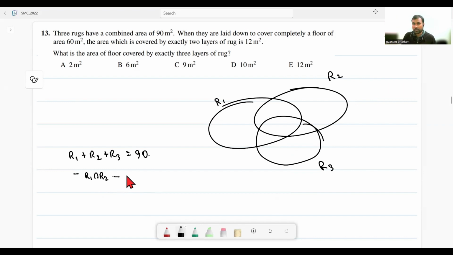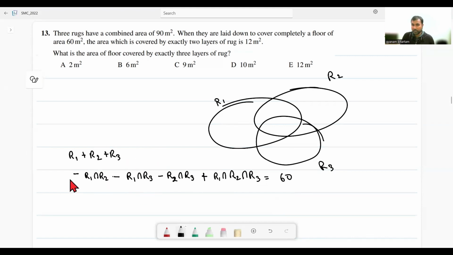And we again subtract R1 intersection R3, and again subtract R2 intersection R3. And because the triple overlap gets subtracted three times, we have to add R1 intersection R2 intersection R3 back. This is called inclusion and exclusion. And this complete thing is going to give you 60 if you combine.